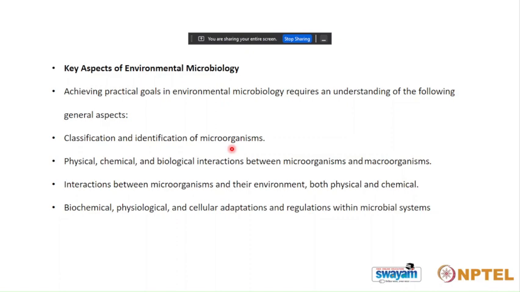So in order to facilitate their attachment, they will secrete some surfactants. Have you heard about it? For facilitating biofilm formation, the microbes will produce some chemicals, because usually microorganisms cannot grow on a smooth surface. To make a surface rough, they will produce some chemicals. So it is an example of physical interaction.